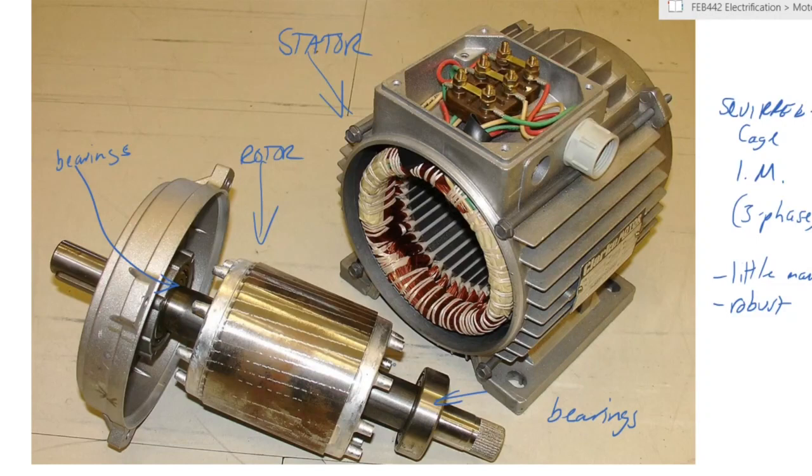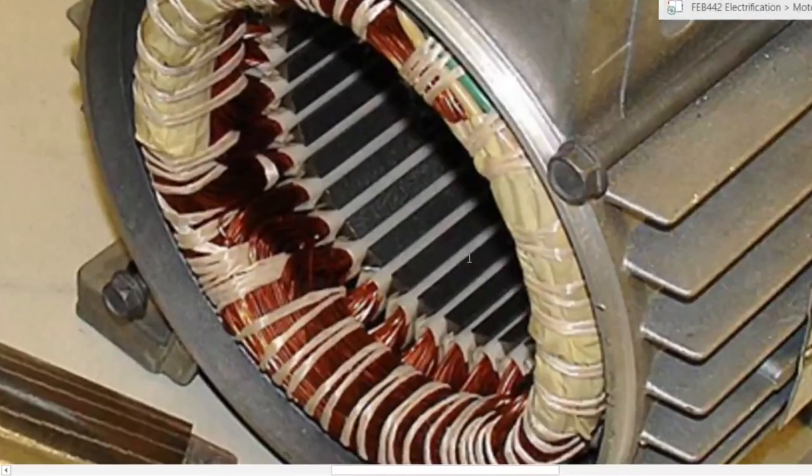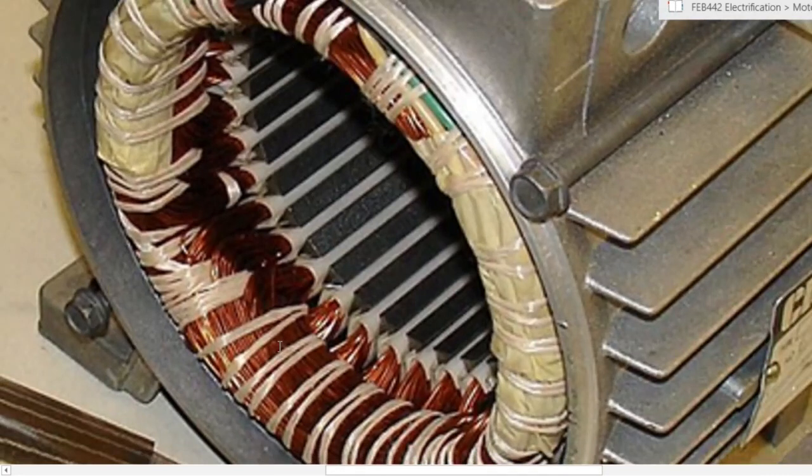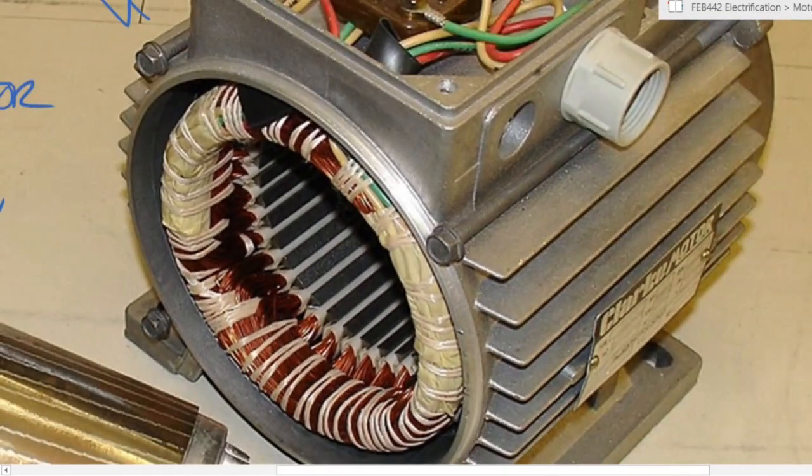So let's go into it a bit deeper. In the stator side, you can see these copper windings. We'll zoom in a bit. These copper windings, as you can see them, form the windings of the stator. And if you notice, they are kind of moving in that direction and moving in that direction.